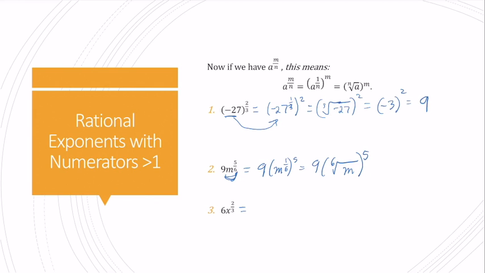If I have 6x to the 2/3, this 2/3 is only attached to my x. So I've got 6 times x to the 1/3 squared, which is 6 times the cube root of x squared.